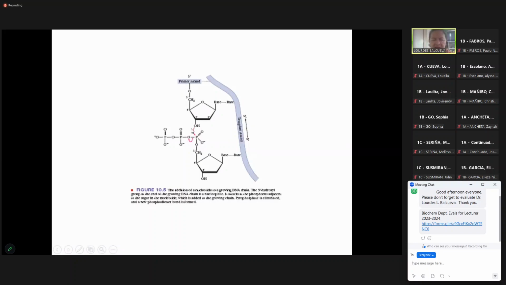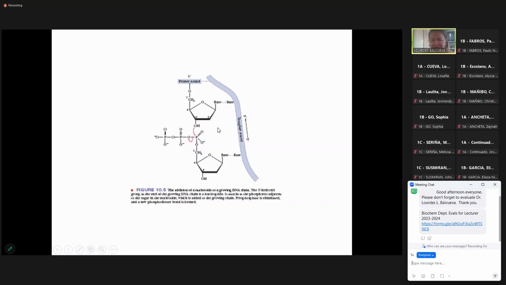This is the incoming nucleotide. Okay? So what is the bonding that occurs between the incoming nucleotide and the nucleotide previously? Okay, it's the phosphate part of the incoming nucleotide that binds with the nucleophile, which is your OH of the previous nucleotide.